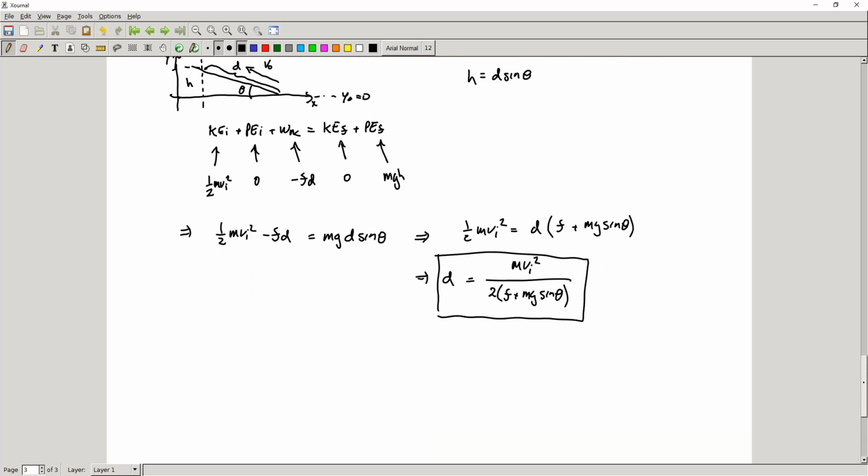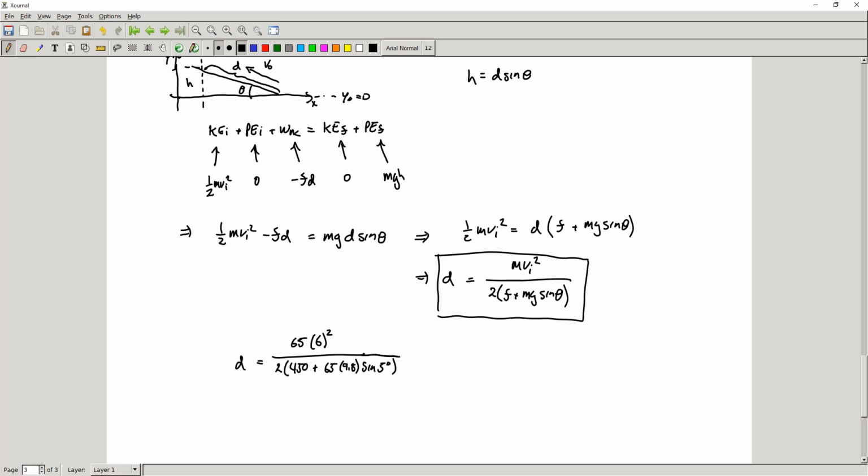If we then substitute in numbers, and unfortunately I didn't do that here in my notes, so I won't have numbers for you, but I'll rewrite it, and you can plug it into a calculator. We had 65 kilograms moving at 6 meters per second over 2 times 450 newtons plus, again, 65 kilograms, 9.8 for our gravity, sine 5 degrees.